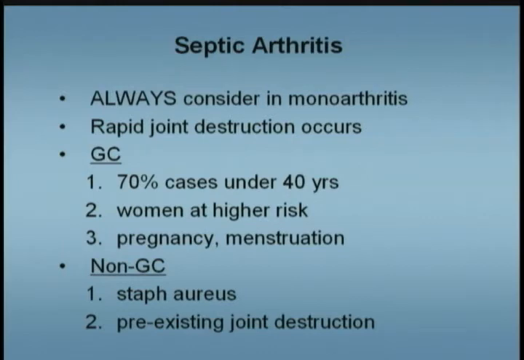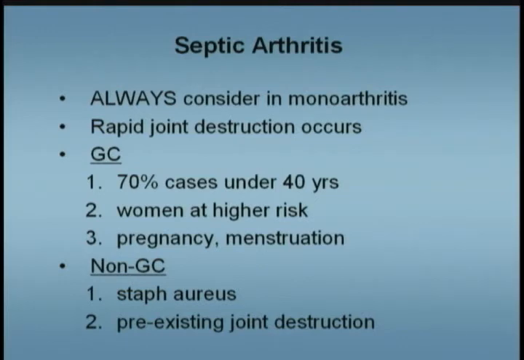We said the most common form of septic arthritis is gonococcal arthritis. About 70% of cases are in people under 40 years of age. Women seem to be at higher risk in these cases, especially if they're menstruating or pregnant. Non-gonococcal arthritis is usually Staph aureus, and I told you already about the case we just talked about.